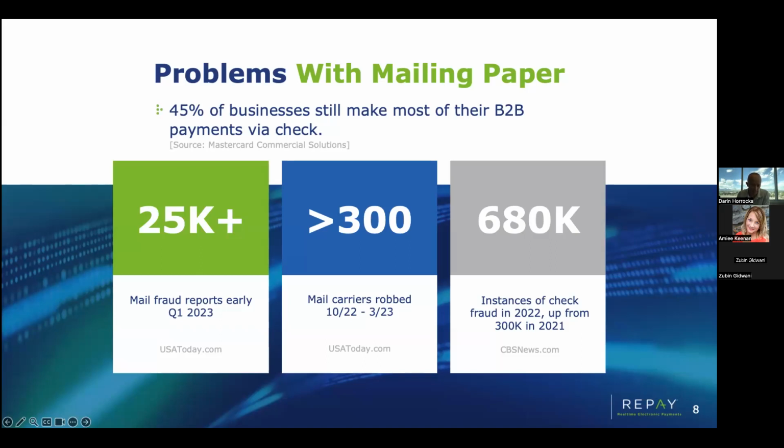So it's a problem, but there was a report put out by the US Postal Service saying don't put checks in the mail. It was referencing some of these stories about the number of mail fraud cases reported, mail carriers being robbed, and instances of fraud being up. So it's a big enough problem that the US Postal Service has great concerns about it.